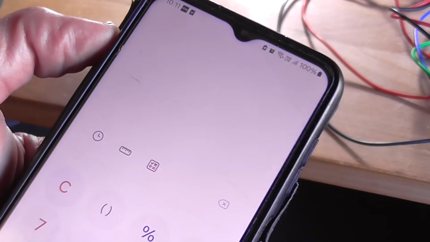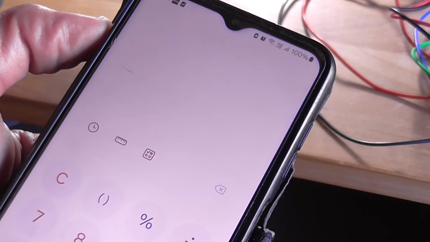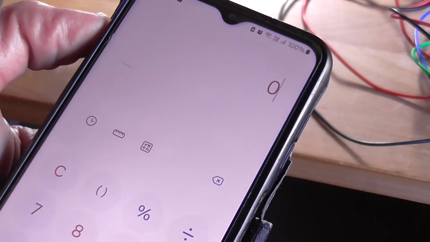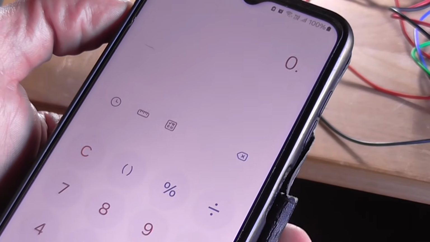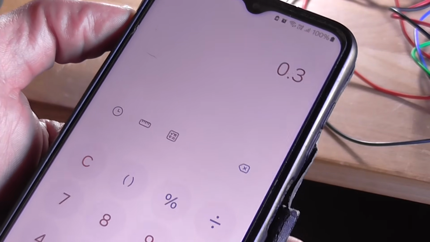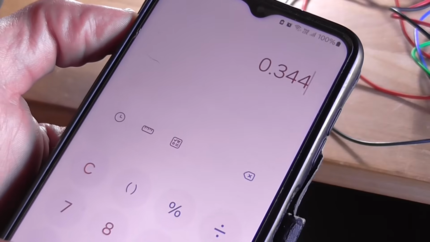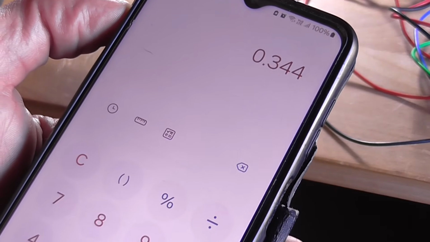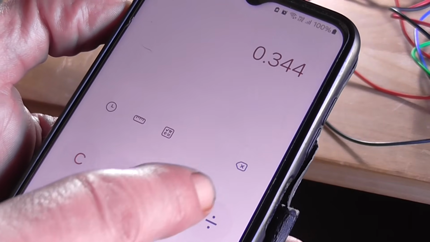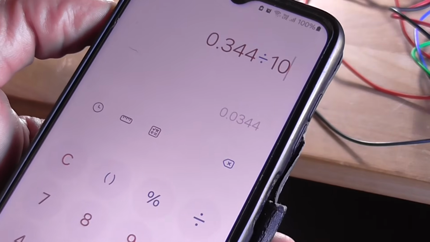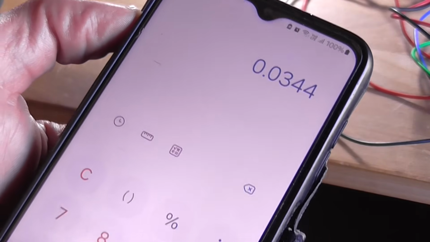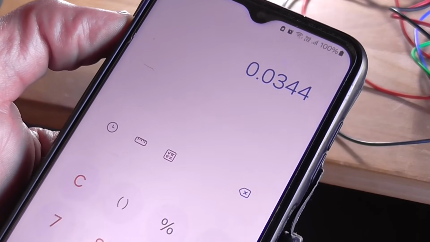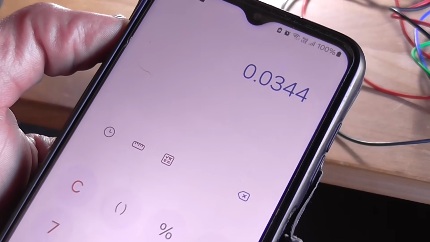Alright, so using a computer later and Ohm's law, it's actually climbed up a bit now, 0.344 volts divided by 10. No, still 34 mA, so obviously the rest of the circuit isn't drawing that much current.